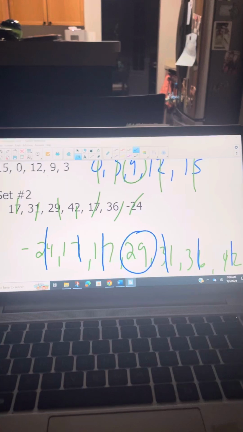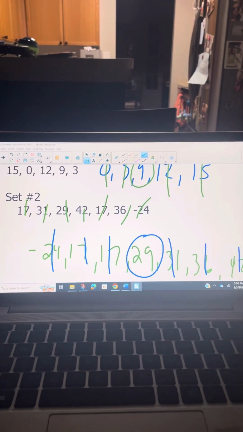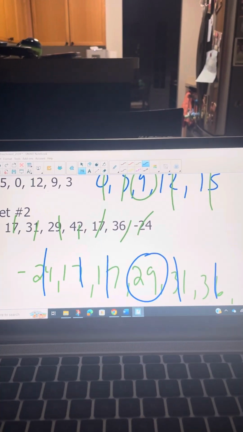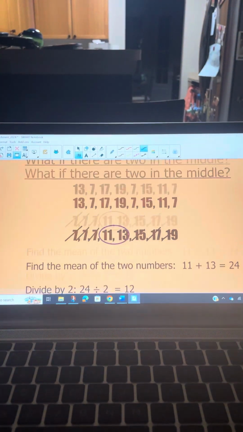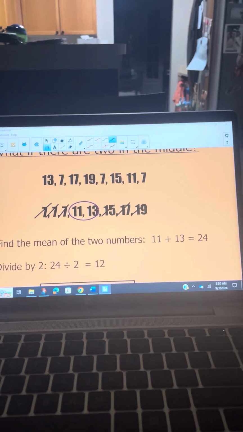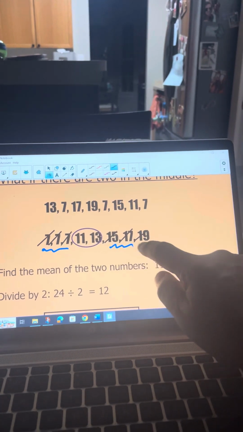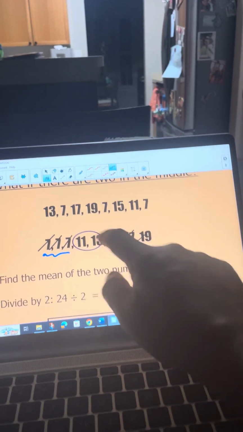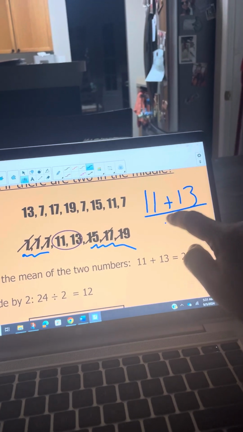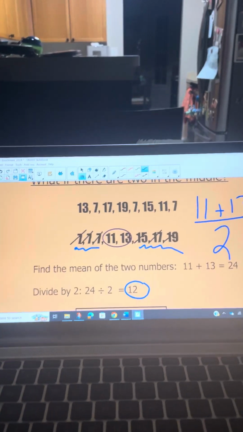You'll notice I have 3 crossed off on each side. 1 number left in the middle, which is 29, and that is perfectly fine. When I have 1 number left in the middle, that is automatically the median. However, if I am crossing off and I end up with 2 numbers in the middle, like in this example here, notice I had 3 numbers crossed out on the left, 3 numbers crossed out on the right. When I have 2 left together, I add those 2 numbers up, 11 plus 13, which is 24, divided by 2, and that gives me a median or middle number of 12.